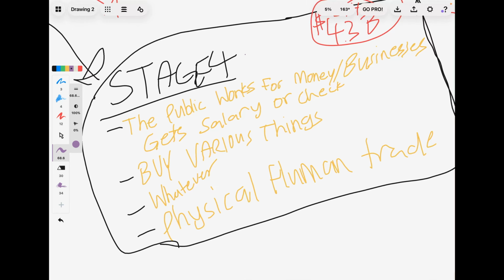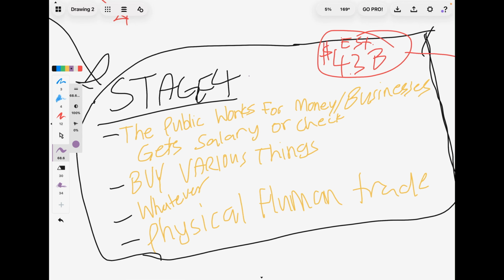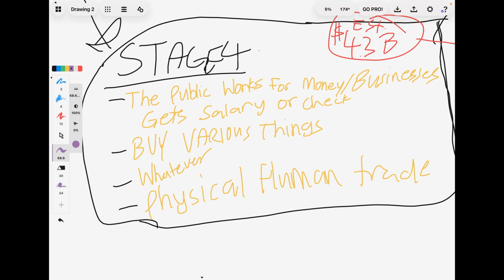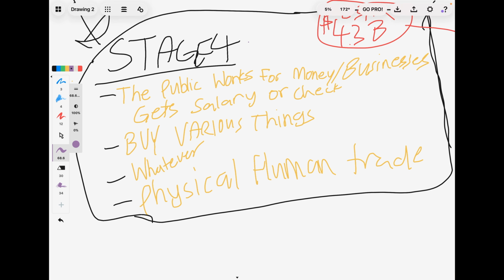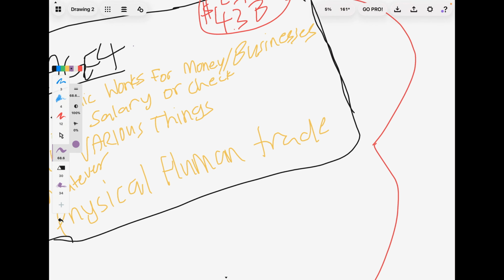So the public works for the business and gets a salary or a check. That's part of it. Sometimes, most of the time, half the time, I don't know, it's part of that loan piece. And then you buy various things, physical human trade. That's what I call it.